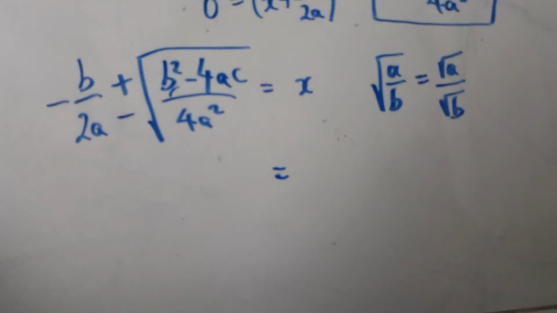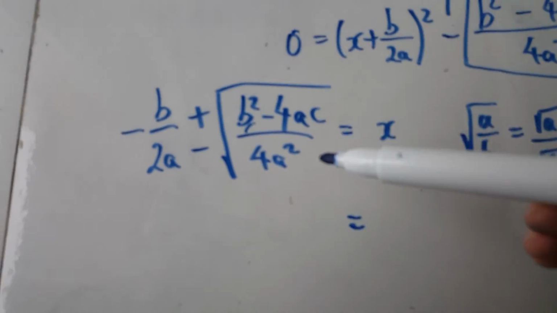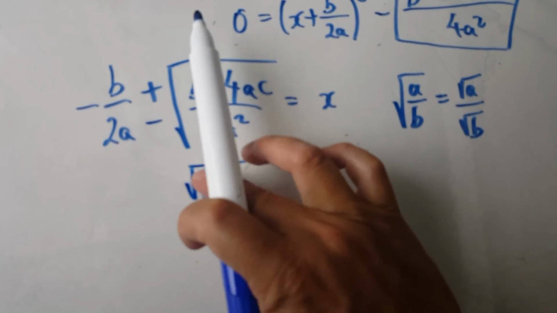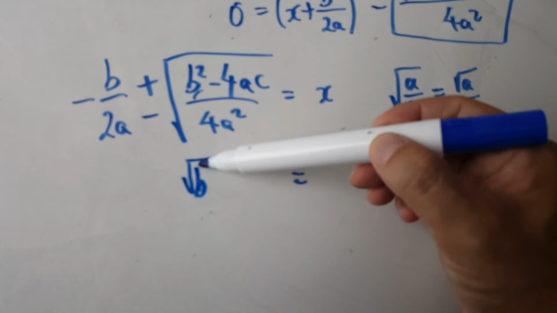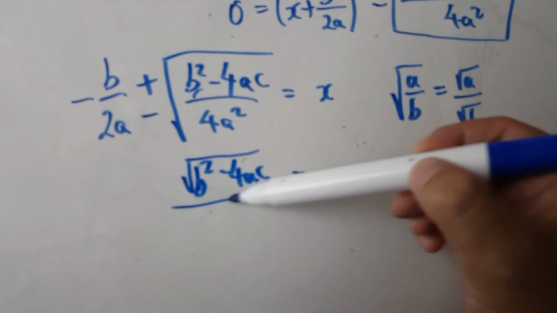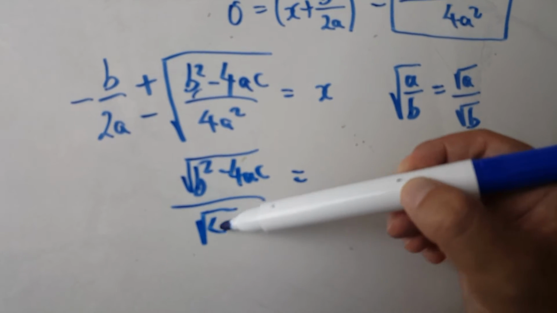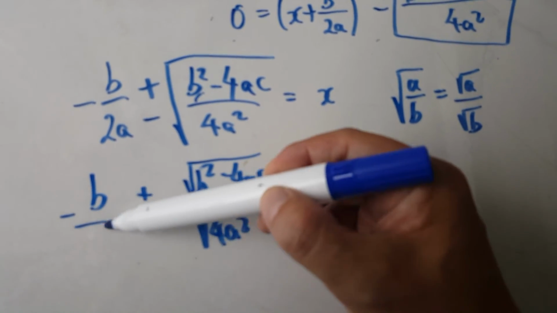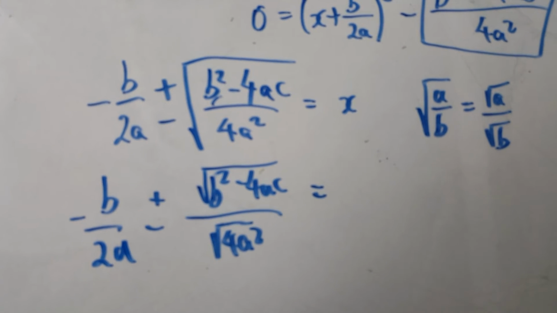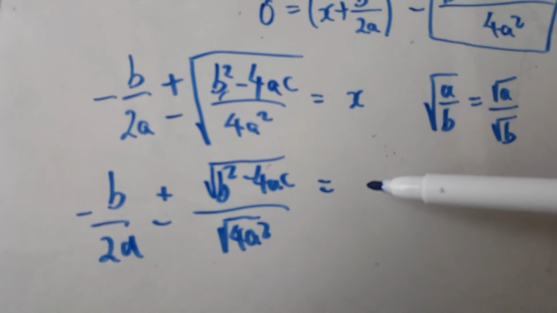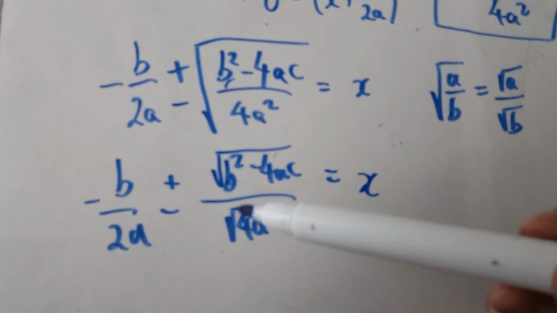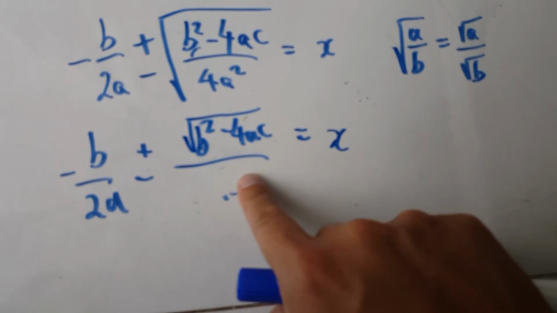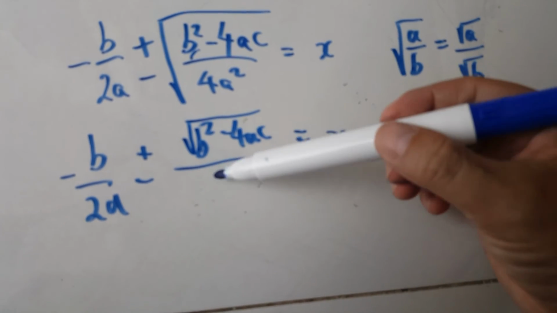So that will then become root b squared minus 4ac over root 4a squared, and then you've got your plus minus b over 2a here, and that equals x. Well, the square root of 4a squared will be 2a.